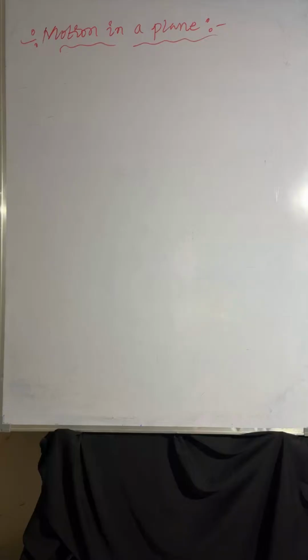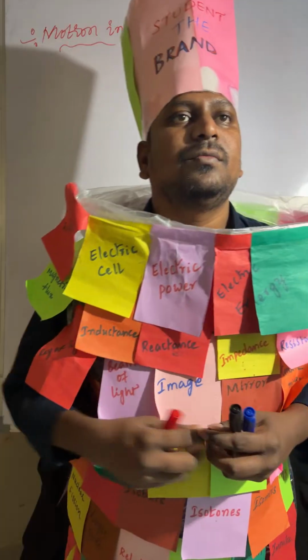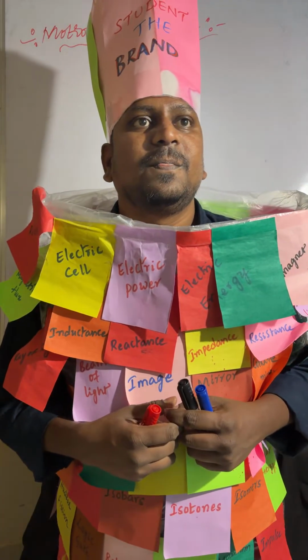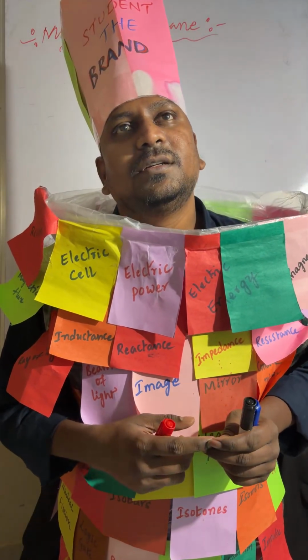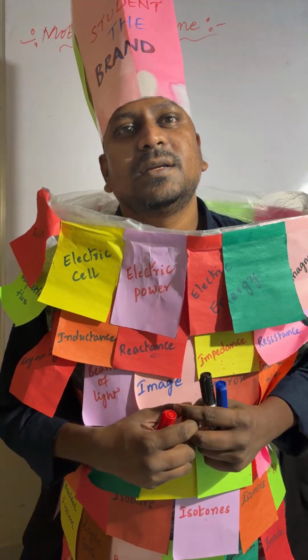Then if you are describing the position of the object with the help of one coordinate axis, then we can say the object is in one-dimensional motion.